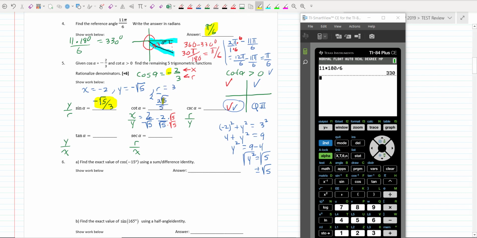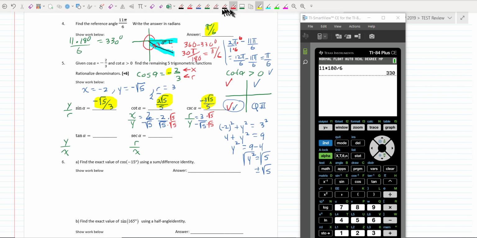Then you move on to the cosecant. The cosecant is r over y, so r is 3, y is negative root 5. If I rationalize the denominator by multiplying by root 5 over 5, I would get a negative answer. The cosecant is negative in quadrant 3, so I would have negative 3 root 5 over 5.